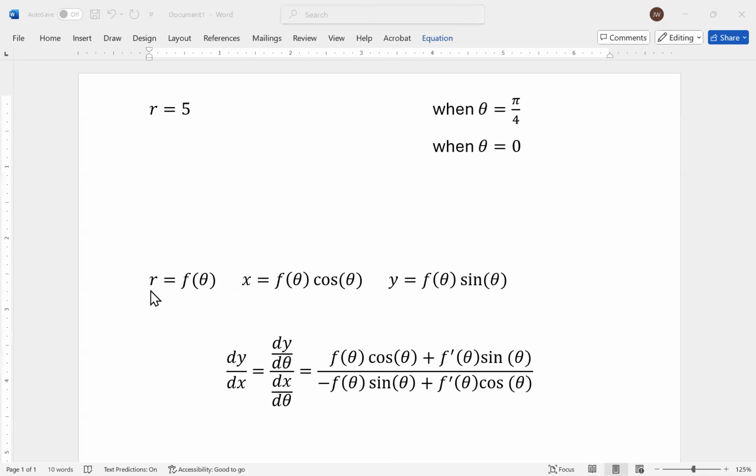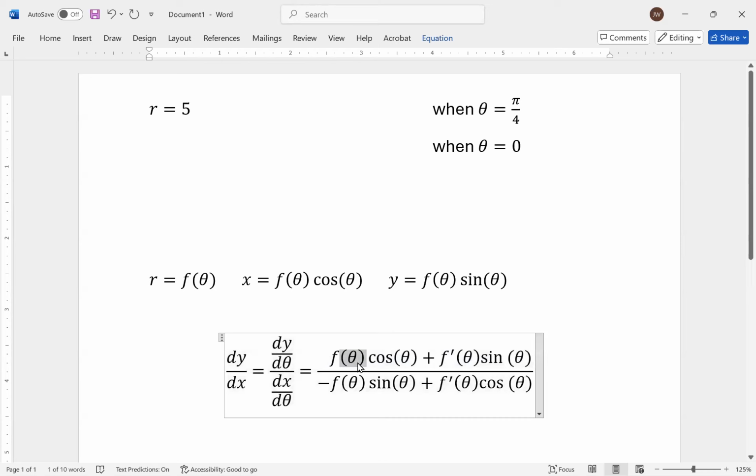Now, as we have seen before, r is equal to a function of theta. In this case, r here is my constant, r equals 5. We could also find the derivative of that because this function here, f of theta, is my r. Again, there's two different ways to do this. You can think of it as derivative of y with respect to theta, replacing this function with the actual value, in this case of 5.